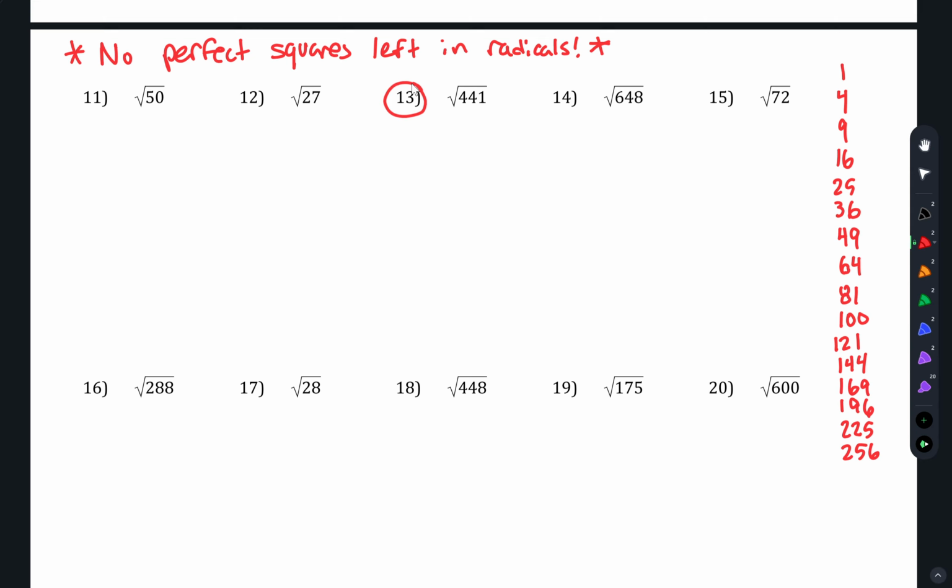Did we find one? 49 times what? Okay, so let's write 49 times 9 inside of our square root.